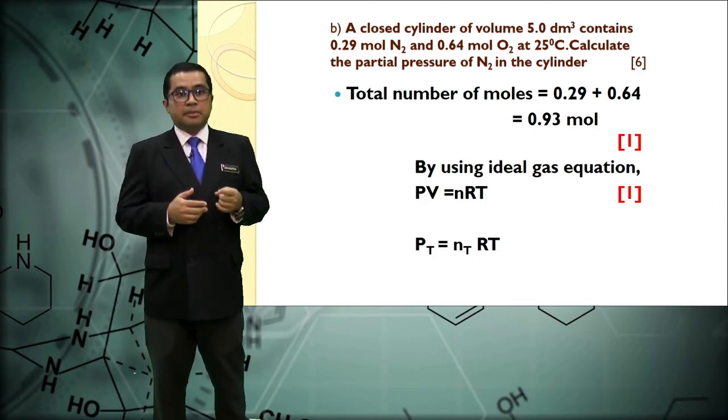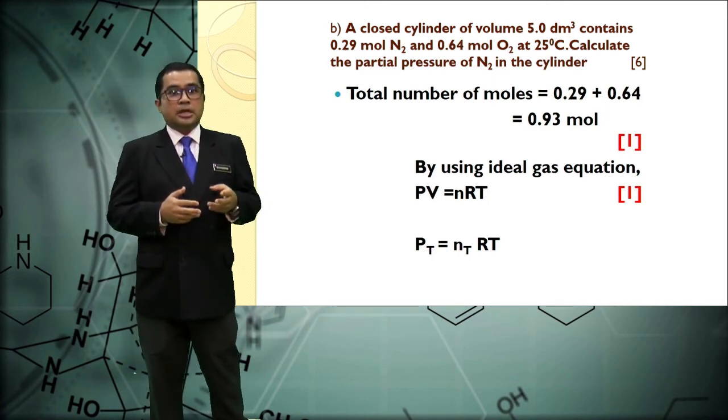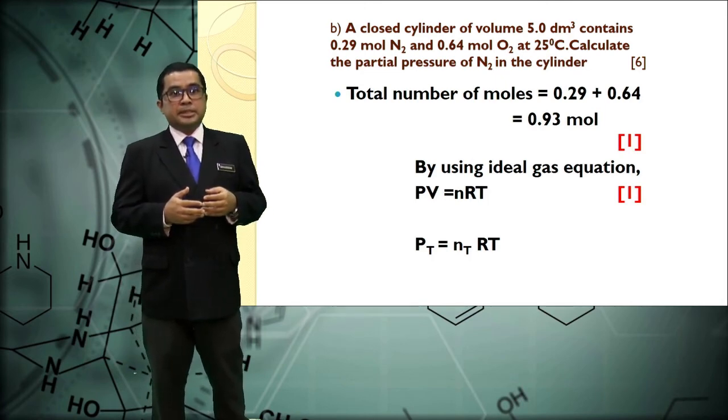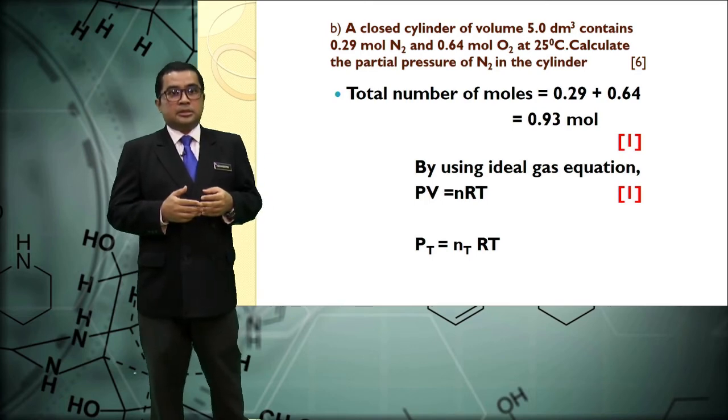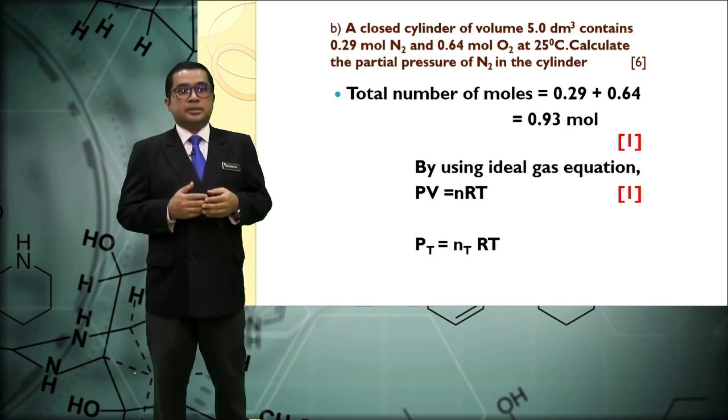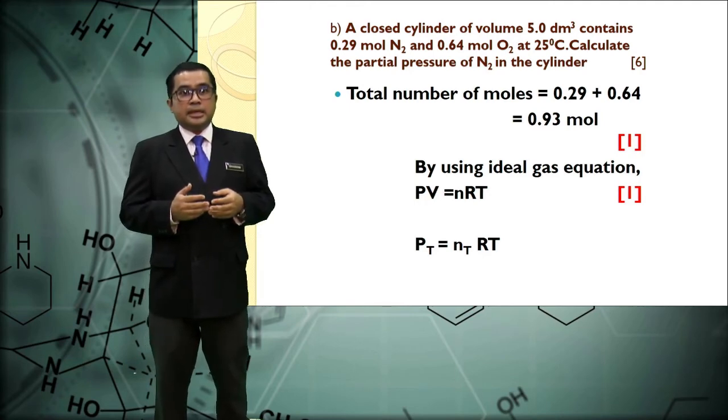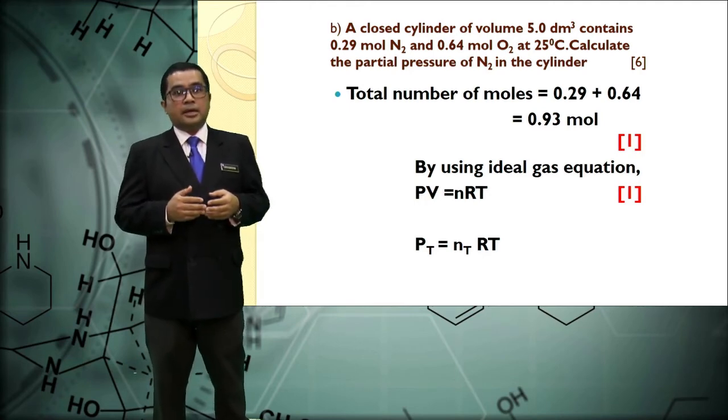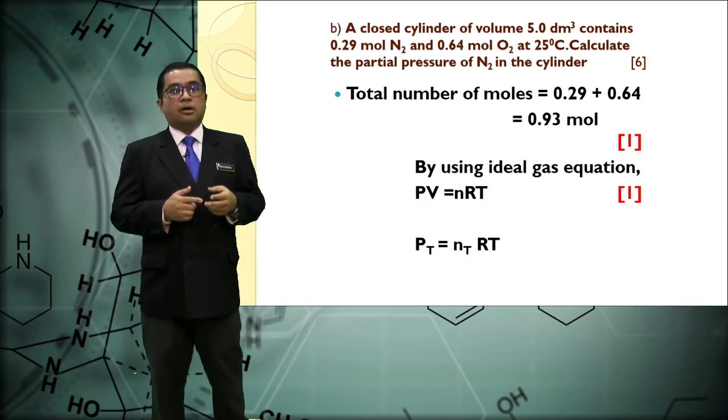Okay, so for the first step, you have to calculate the total number of moles present in the vessel. You know that the gases present in the vessel are nitrogen gas and oxygen gas.